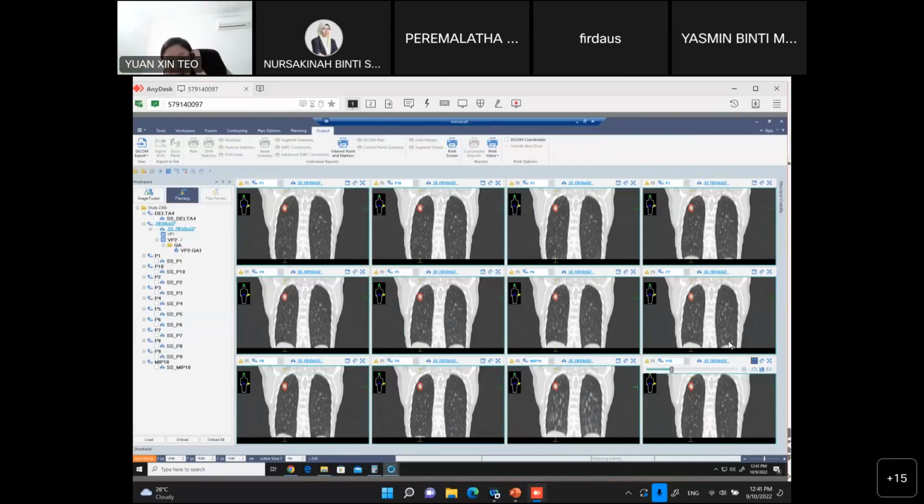Physicists will create a plan according to what the doctor contoured. Then when we send the treatment plan to the radiographer, how can they make sure the lung tumor movement is the same as what we see now? There are a few methods.